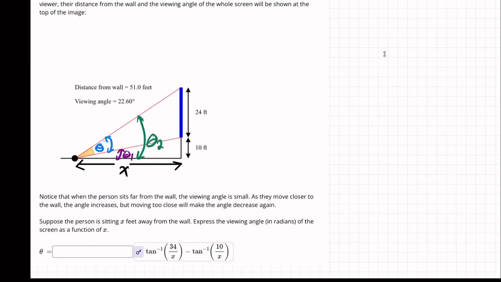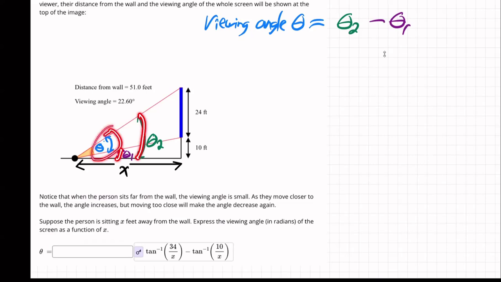And so basically, the viewing angle theta is equal to theta 2 minus theta 1, isn't it? So you're right, theta 2 goes from the ground all the way, and theta 1 is just up to the bottom. So the difference between them, theta 2 take away theta 1, is theta, our viewing angle. So our viewing angle theta is the difference in those two angles.